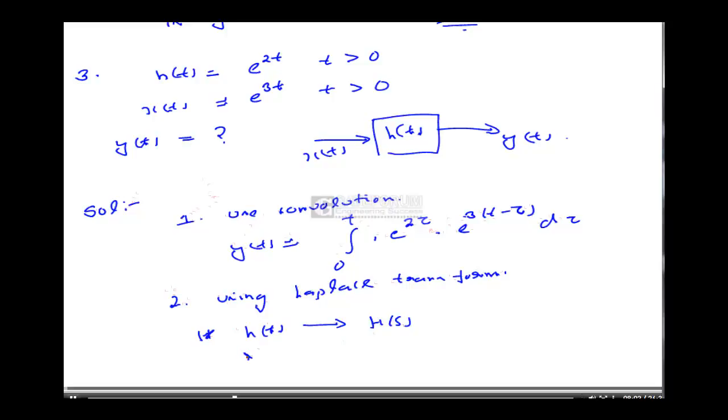Find the Laplace transform of x(t), which is X(s). From this, Y(s) will be H(s) dot X(s), the multiplication of H(s) into X(s). To get y(t) from Y(s), we need to find the inverse Laplace transform. On finding the inverse Laplace transform, I'll get my y(t). We will solve this problem by both of the methods.